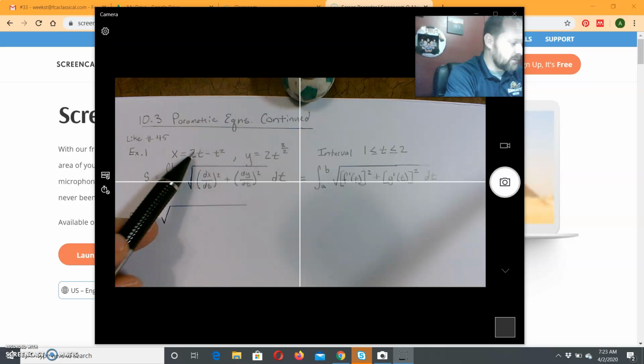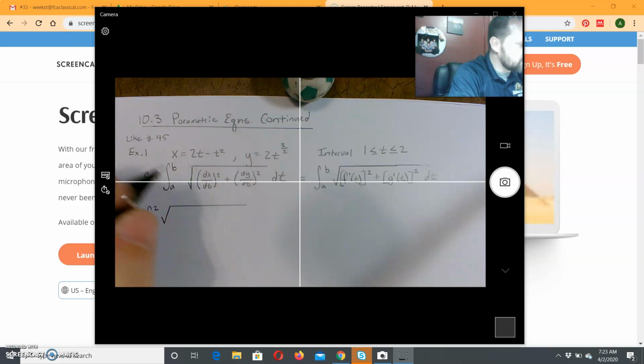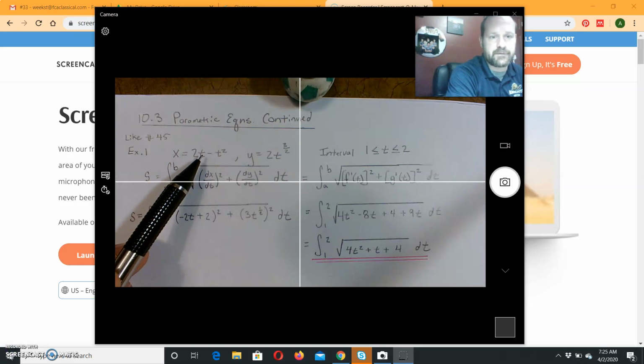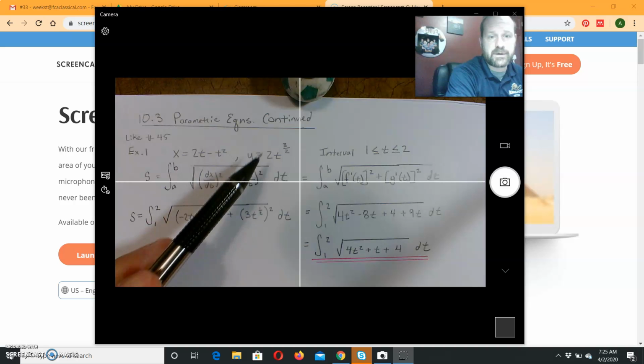Okay, so pretty easy here. We have to take the first derivative of this one. Looking at that, I'm going to rewrite it a little bit. I'm going to go ahead and finish that out because of time. Taking the first derivative of this, I rewrote it, so negative 2t plus 2, quantity squared.